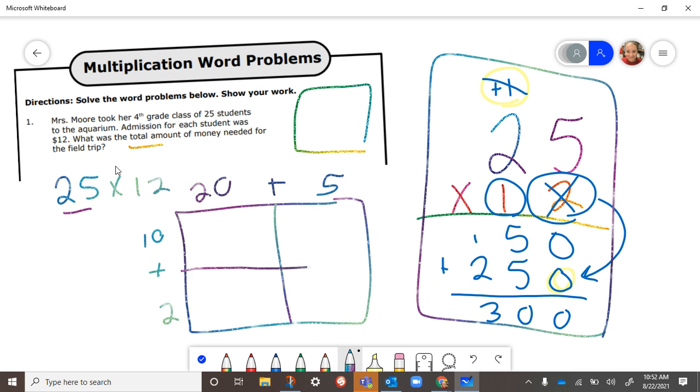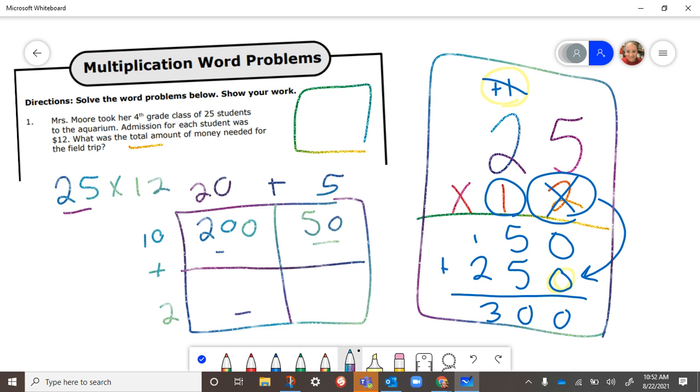Draw your lines where your plus sign is. Then if I'm in this box here, I'm going to multiply what's on top, 20 times 10. So I know 2 times 1 is 2 with 2 zeros, so 200. If I'm in this box, I'm going to look up to the 5 and over to the 10. So 5 times 10 is 50.